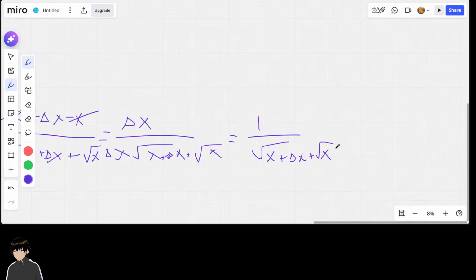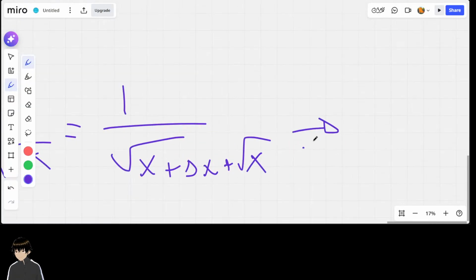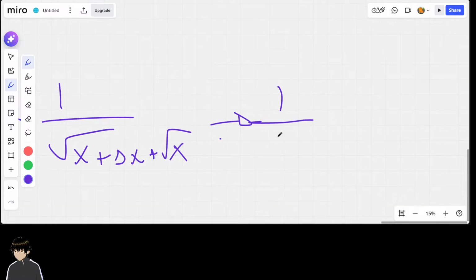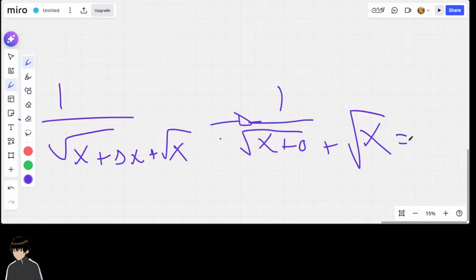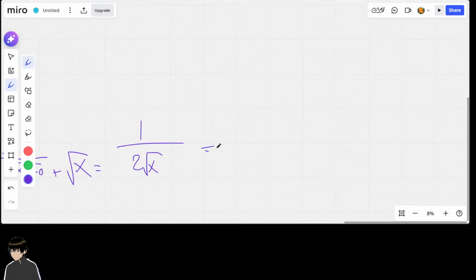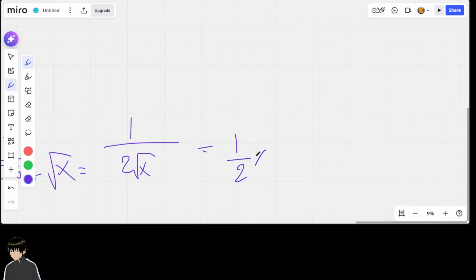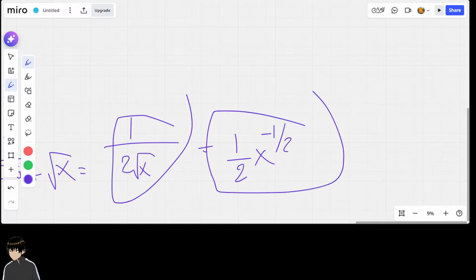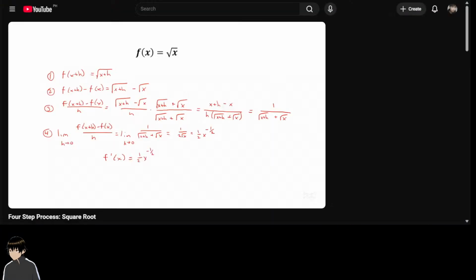So you evaluate the limit, which is 1 over x plus 0 plus x. And then if we do that, 2 square root of x will become 2 square root of x over 1, or 1 over 2x to the negative 1/2.